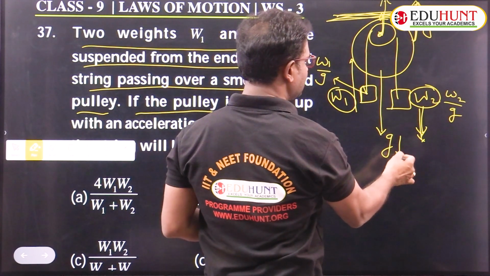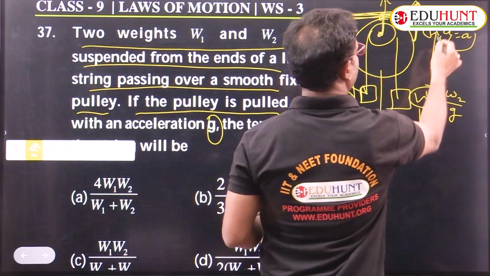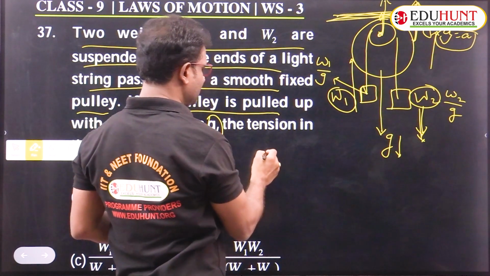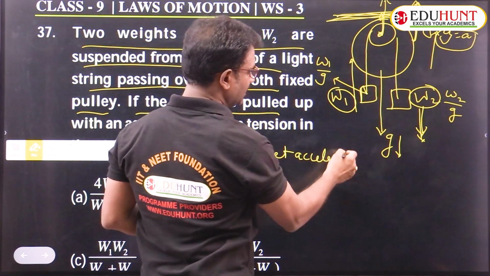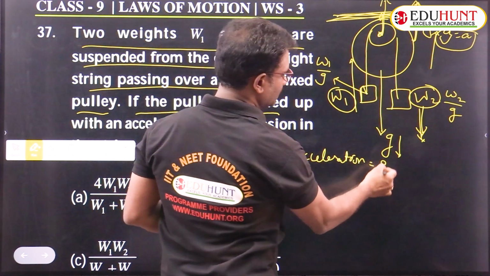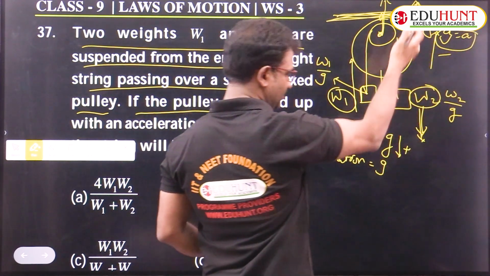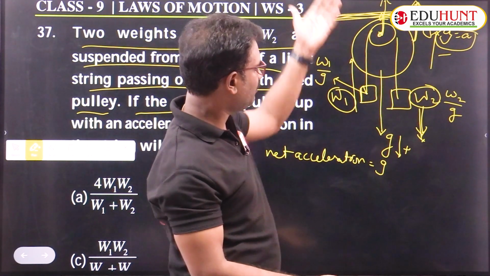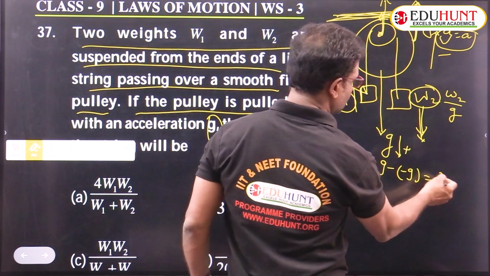But as it is moving upwards with an acceleration equal to g, the net acceleration is g. If this is taken as positive, this is taken as minus, because that g is acting upwards. So minus of minus g, which is equal to 2g.